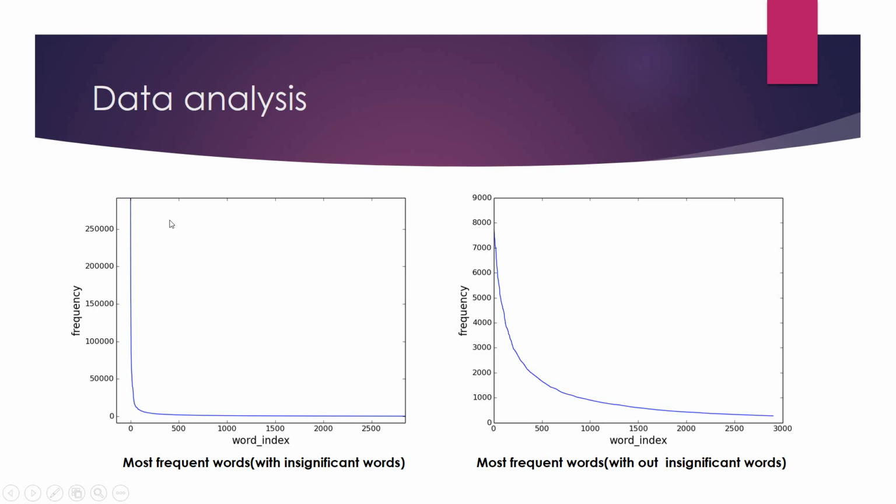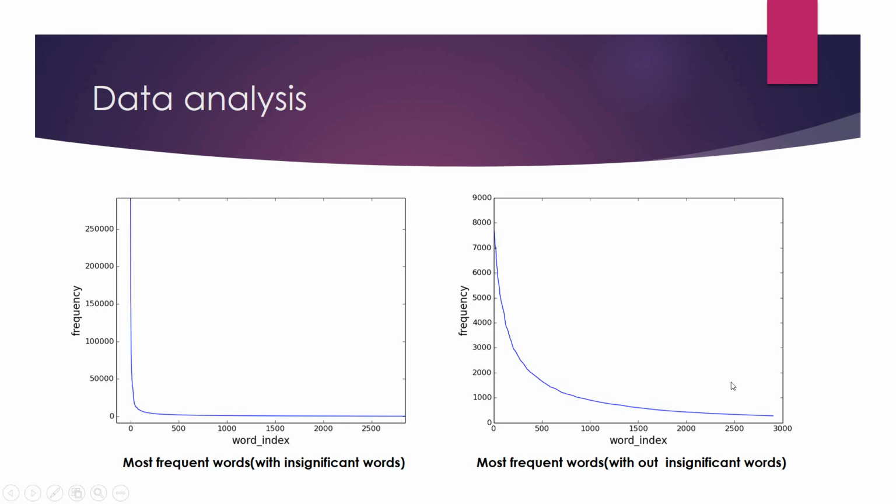This happened because when I looked into the most frequent words manually, I found that there are some insignificant words which should not be present in the data for better results. So removing the insignificant words, which are 20 in the case of this project, and then plotting the graph without them, we can see that the most frequent word has a frequency of 8000. This is very good, reasonable data.